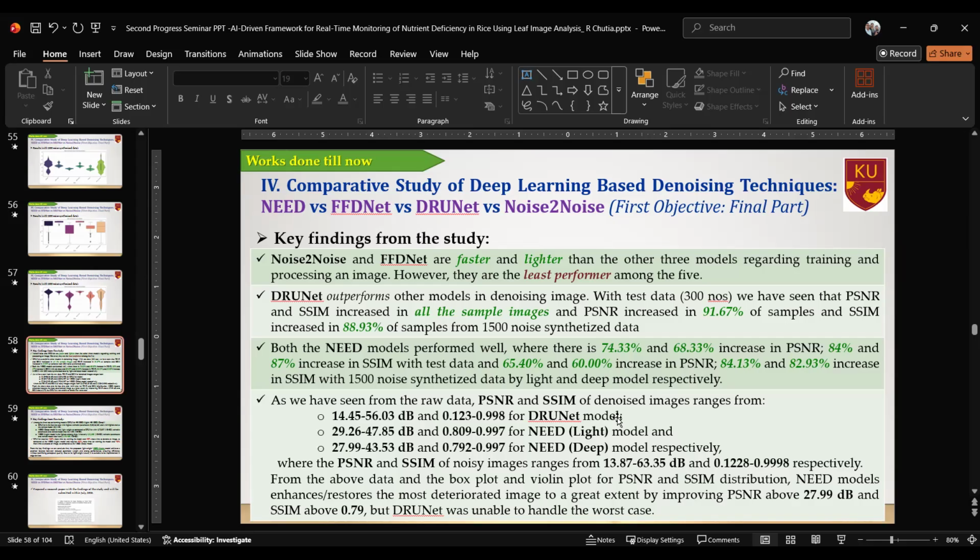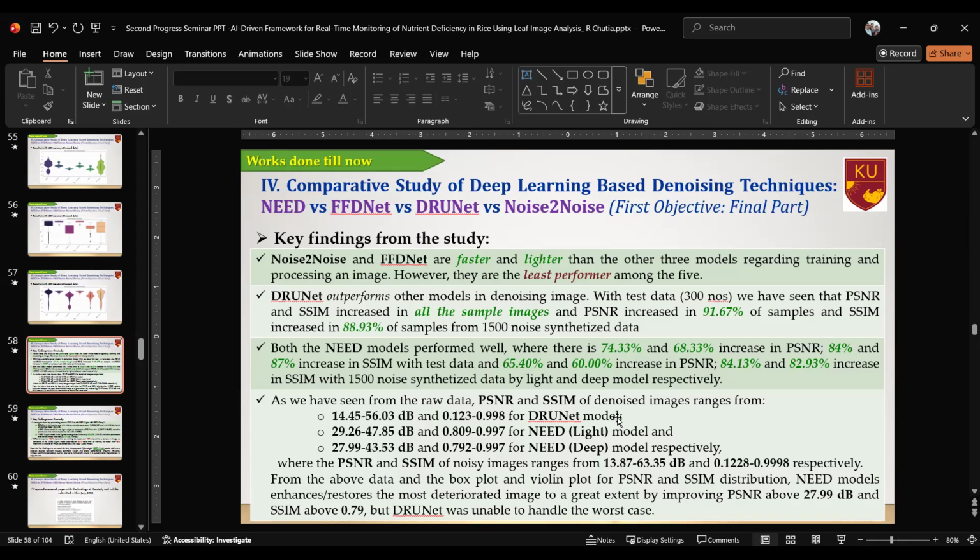As we have seen from the raw data, as I have already mentioned, PSNR and SSIM of denoised images range from 14.45 to 56.03 and 0.123 to 0.998 for the DRUNet model.